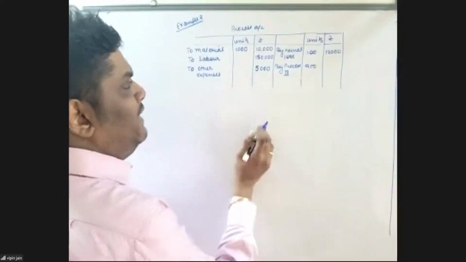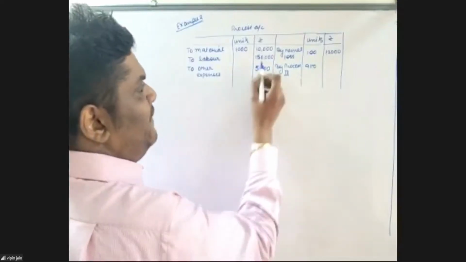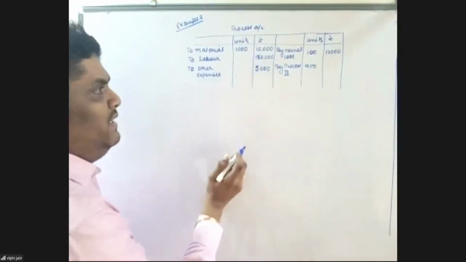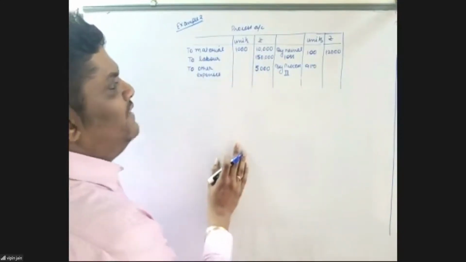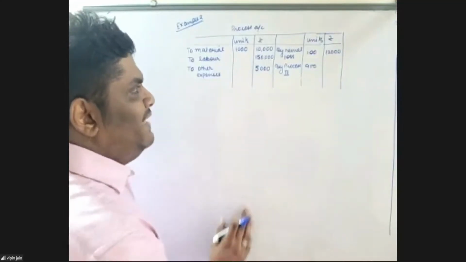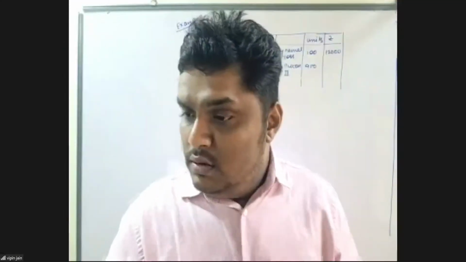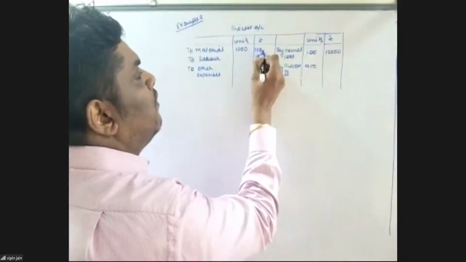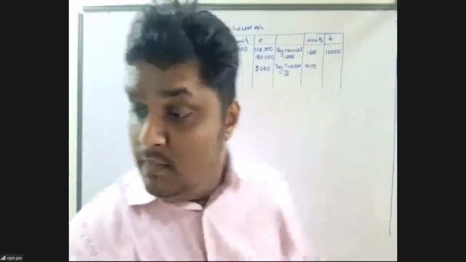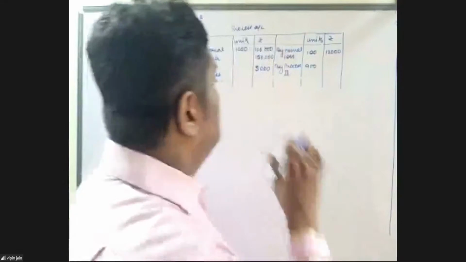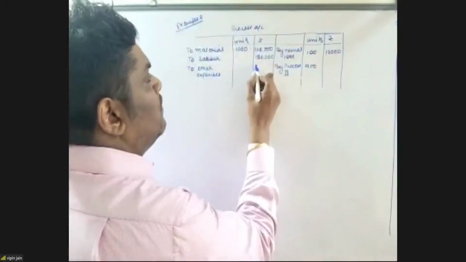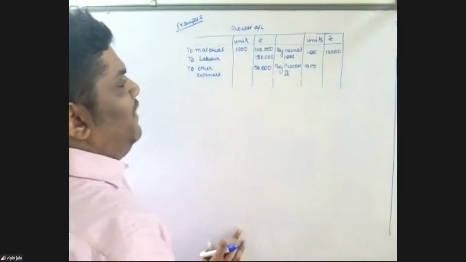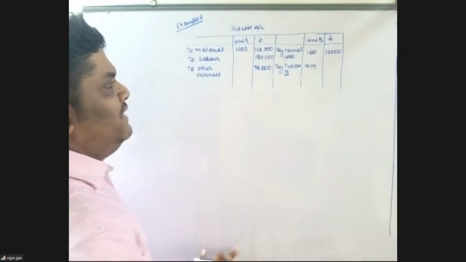So herein, when talking about the calculation of cost per unit, very simple guys, the total cost of the process. Sorry, 1 lakh is the cost of the material, 1,50,000 is the labor cost, and 50,000 are the other expenses.